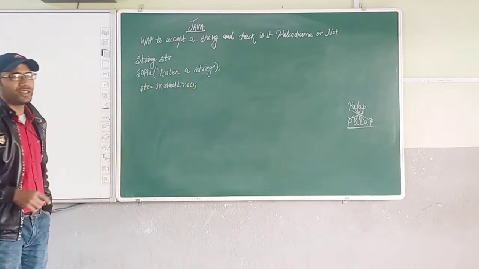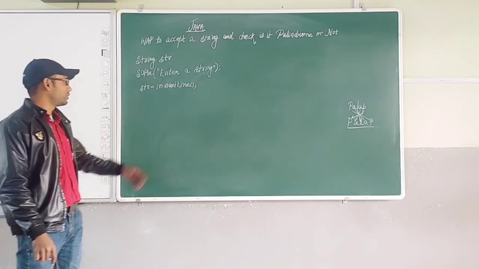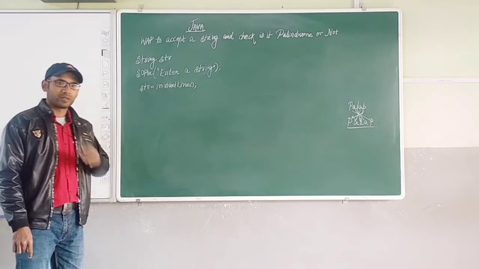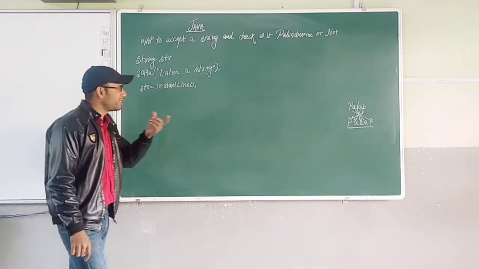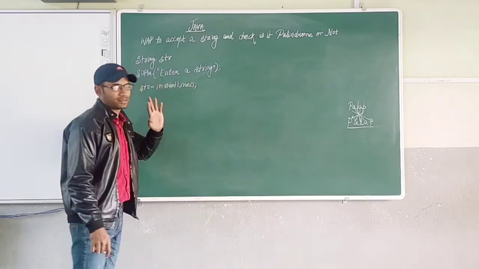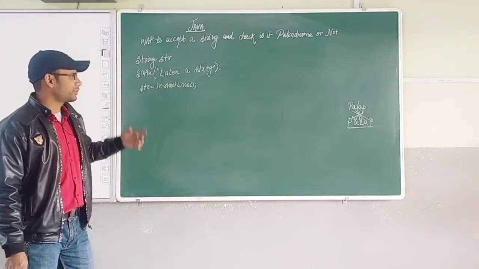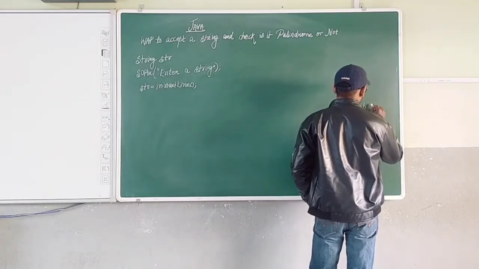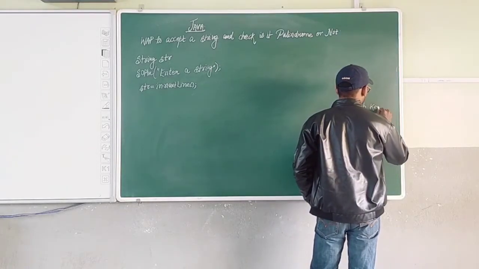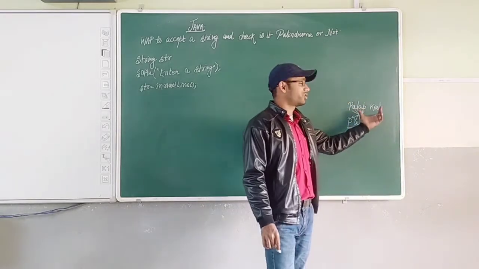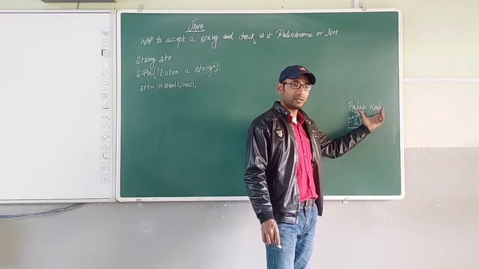To accept a string, which command do we use? in dot nextLine. And if it is simply a single word, then you can also use in dot next. But let's suppose someone enters a complete thing, Palak Kesh, then this is also a string, but not a word.